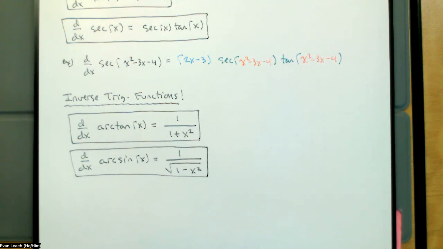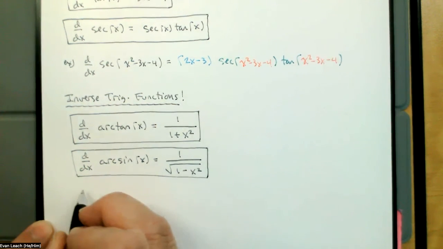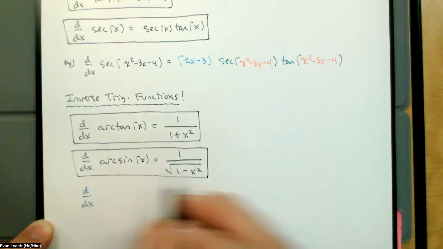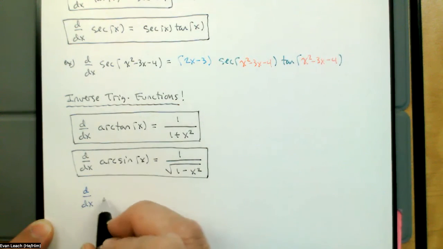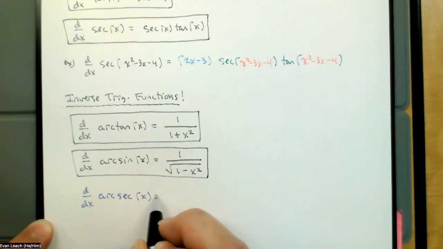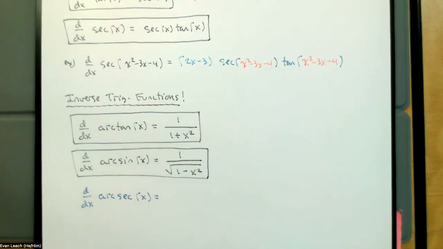You know what? We should have a complete set. So the other inverse trig function that you'd want to have carrying around, arc cosine, we can just get away with arc sine stuff. This is another one that we'll want to know.